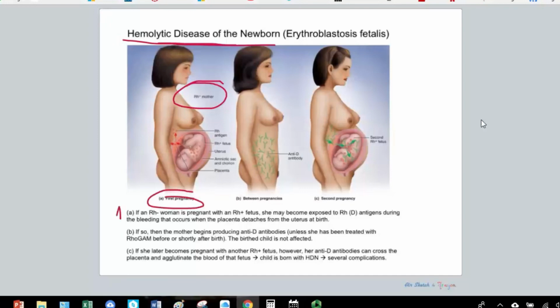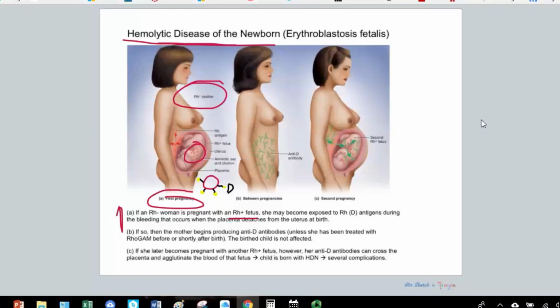If an Rh negative woman is pregnant with an Rh positive fetus, here we have an Rh positive fetus, all of these red blood cells have these D antigens on them. So these are the D antigens, and these are in the fetus.